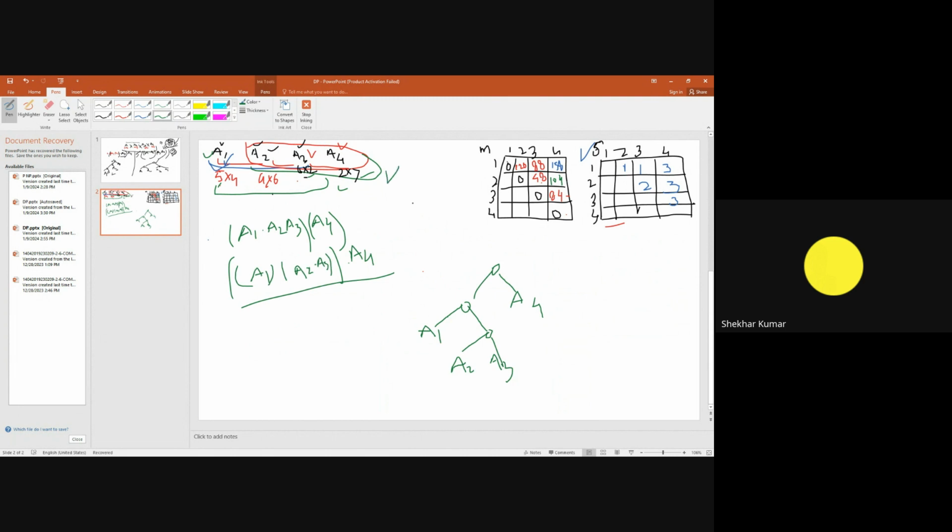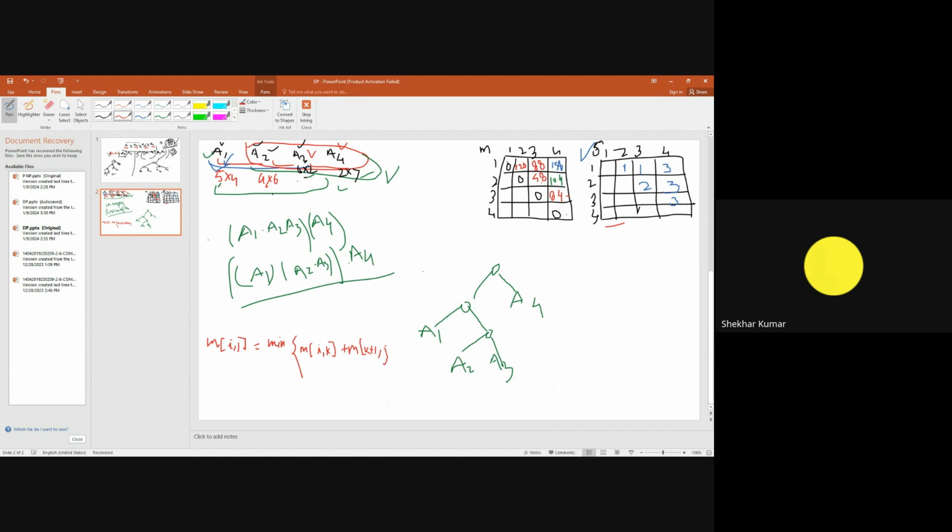If I generalize, if I make a formula for this, then the formula should be M of i comma j, that should be the minimum value of the cost of i to k in the first matrix, and next from k plus 1 to j.